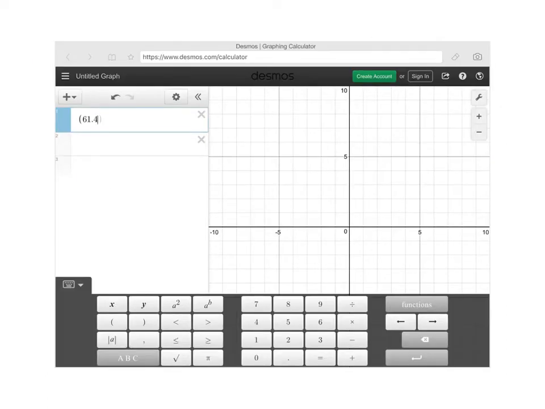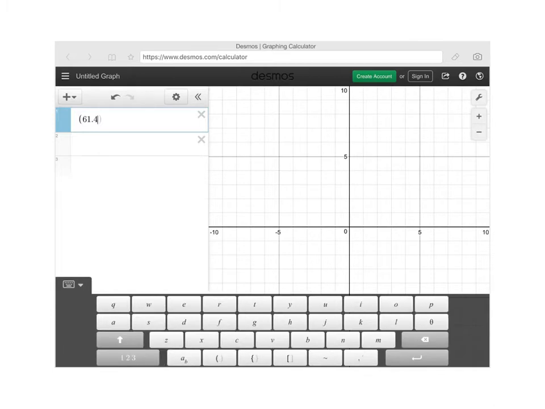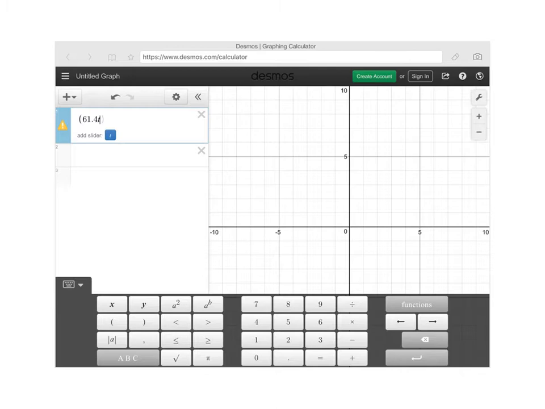Okay, so if I go into desmos.com, the way you get your parametric equations is actually to plot a point. So we've got the x is given by 61.4 times t, and you can just go into your letters in there and get your t value.